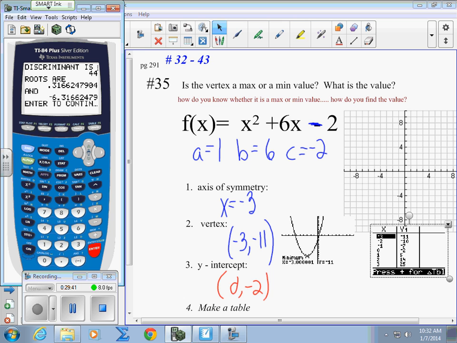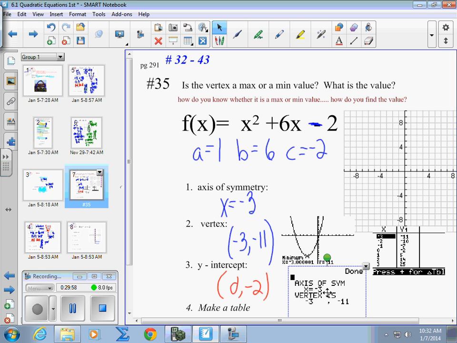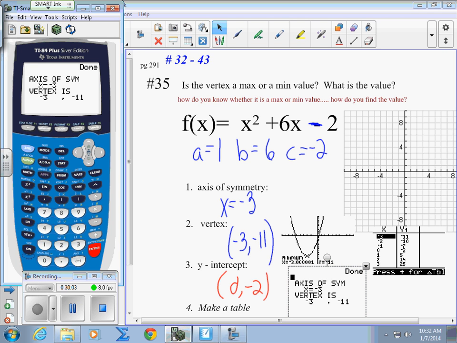They are where the curve crosses the x-axis. But if you hit continue, you'll find that the axis of symmetry is x equal to negative 3, and the vertex is negative 3 and negative 11. That means we have no problem.